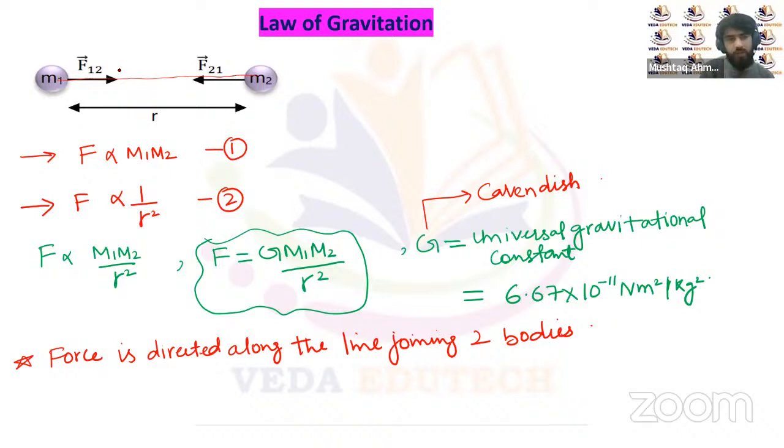This is the direction of the force on one because of two, and this will be the direction of the force on two because of one. And it's an attractive force. Gravitation is an attractive force in nature; gravitational force is not repulsive.